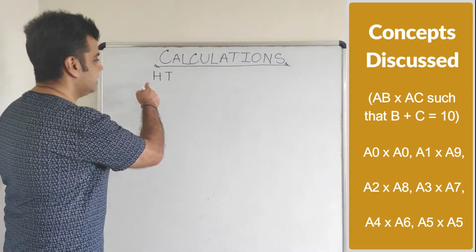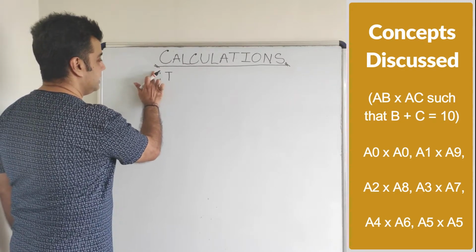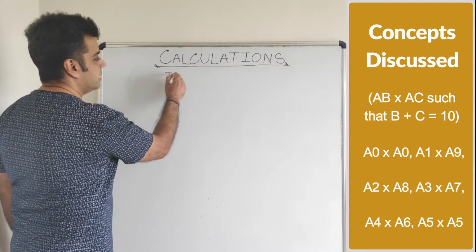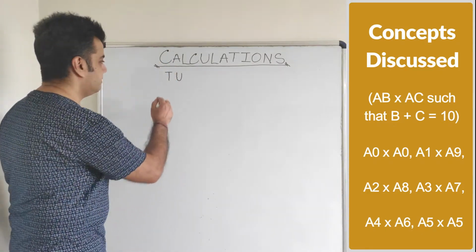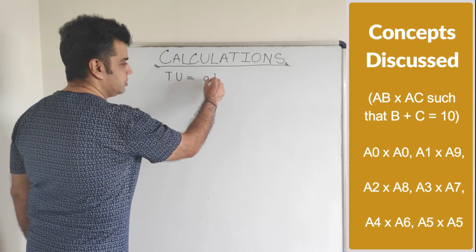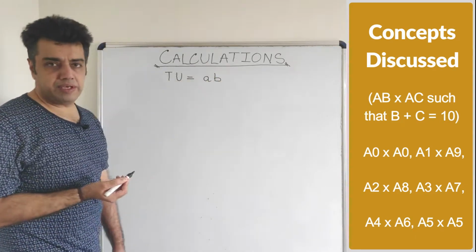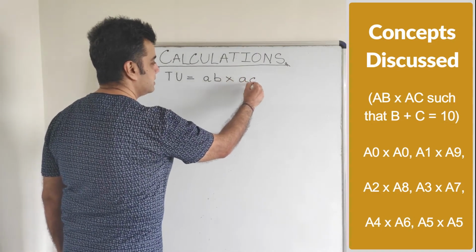Okay, so I am taking a double digit number in which t is my tens digit and u is my units digit. One double digit number that I am taking here is AB, and the other double digit number is AC.